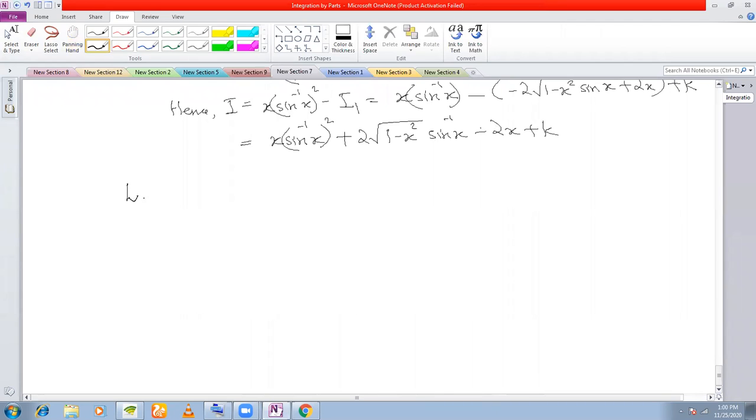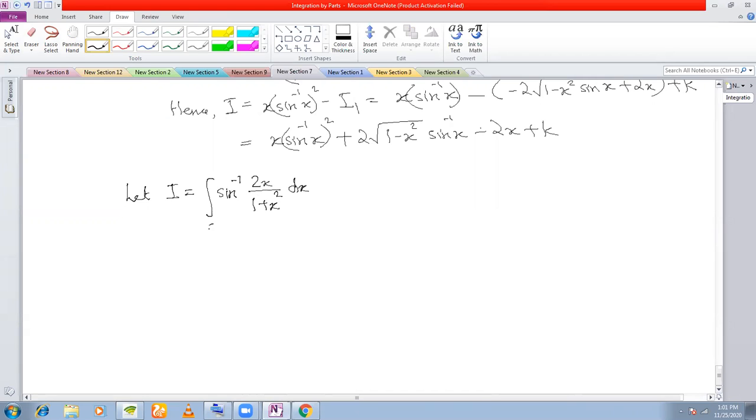Question is, we'll start with this one. Let I is equal to integral sin inverse 2x by 1 plus x square dx.